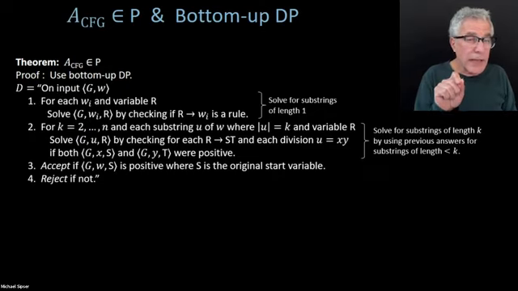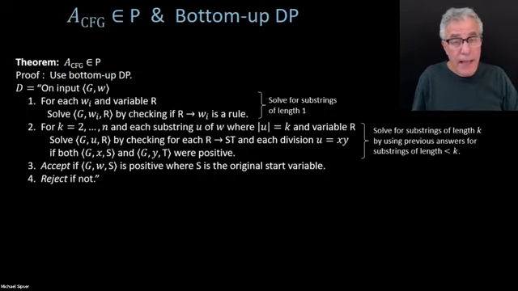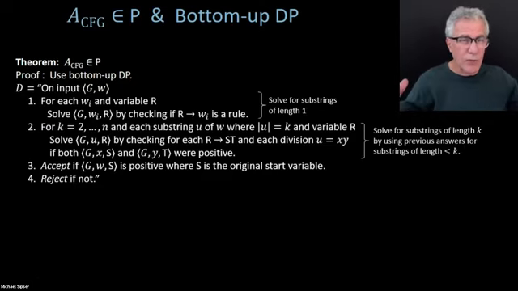So you can, in a systematic way, solve larger and larger subproblems for larger and larger substrings. That gives a different perspective on dynamic programming. For different problems, sometimes it's better to think about either the top-down recursion-based process or the bottom-up process that I'm describing here.